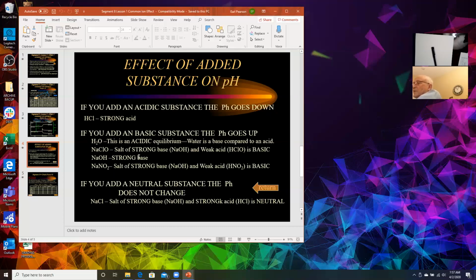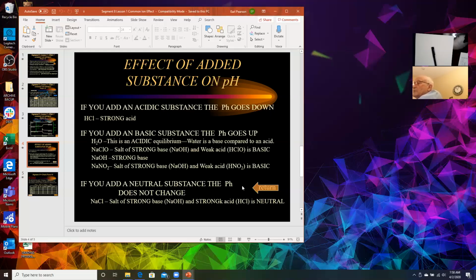NaOH, of course, is a strong base. It's going to make the pH go up. Sodium nitrite, as we said a moment ago, it's the salt of a strong base, sodium hydroxide, and a weak acid, HNO2. So the strong base dominates, so this salt is going to hydrolyze to be basic, and bases always make the pH go up.